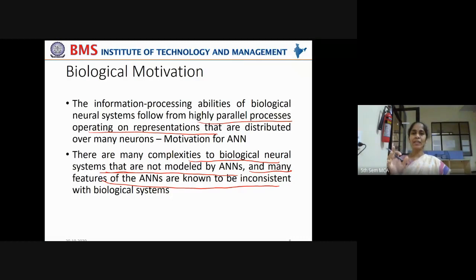The human biological neural system doesn't have this kind of artificially designed neural network architecture. But still, though there is some incompatibility between the natural biological neural system and artificial neural networks, the basic idea can be taken in order to model these artificial neural networks, right?